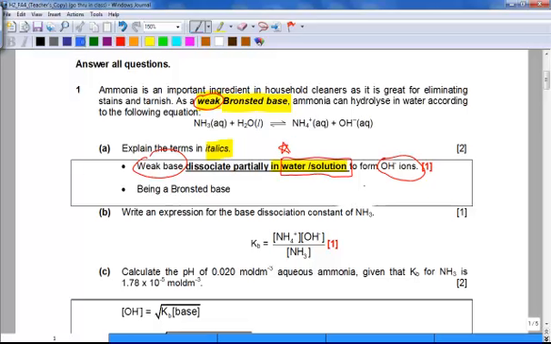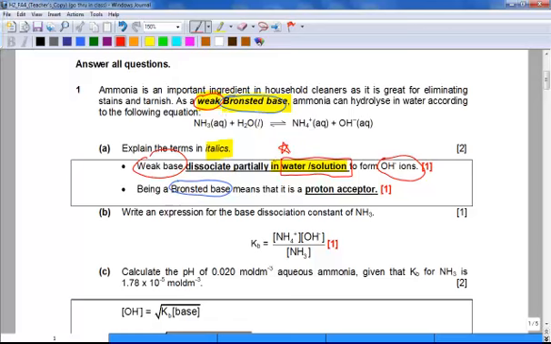Next, you will need to explain Brønsted base. Brønsted base simply means it is a proton acceptor. Next time you're asked to define a term, if you see that there are two different parts to the term, please split up the parts and explain them separately.